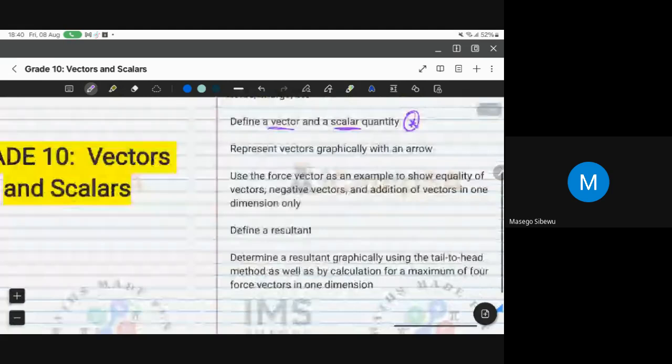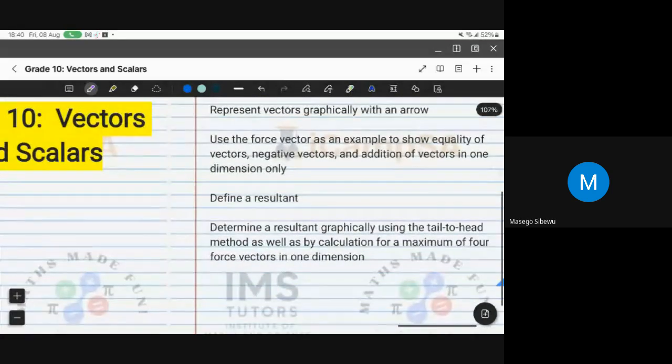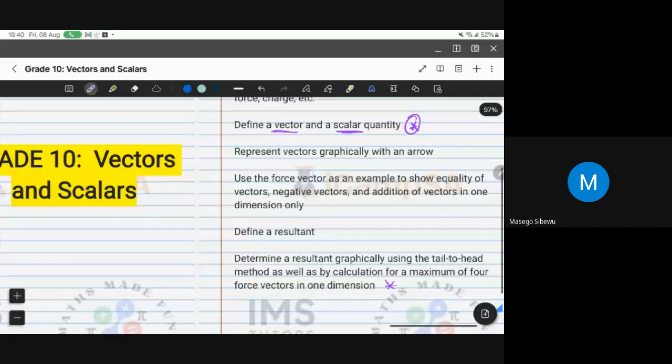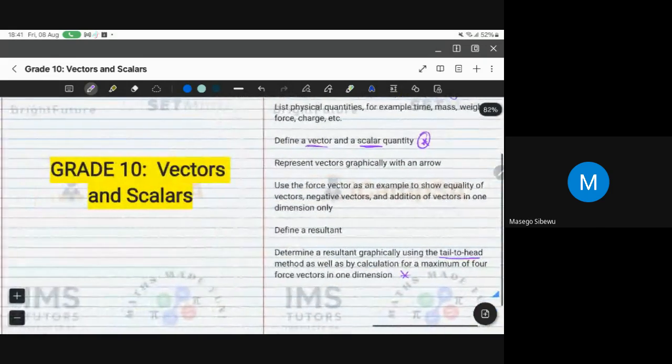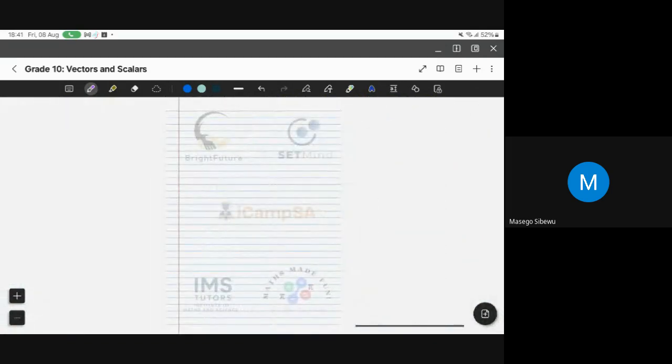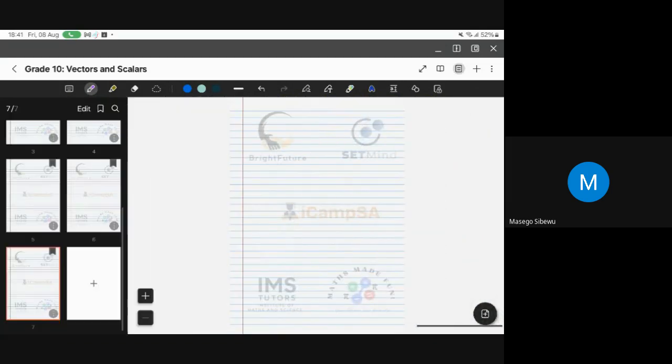Part of what we'll do are exercises that will help us calculate what we call resultant vectors using a very specific method called the tail to head method. Tail to head, right? That's what they call it. You'll see why it's called that. And let us start.